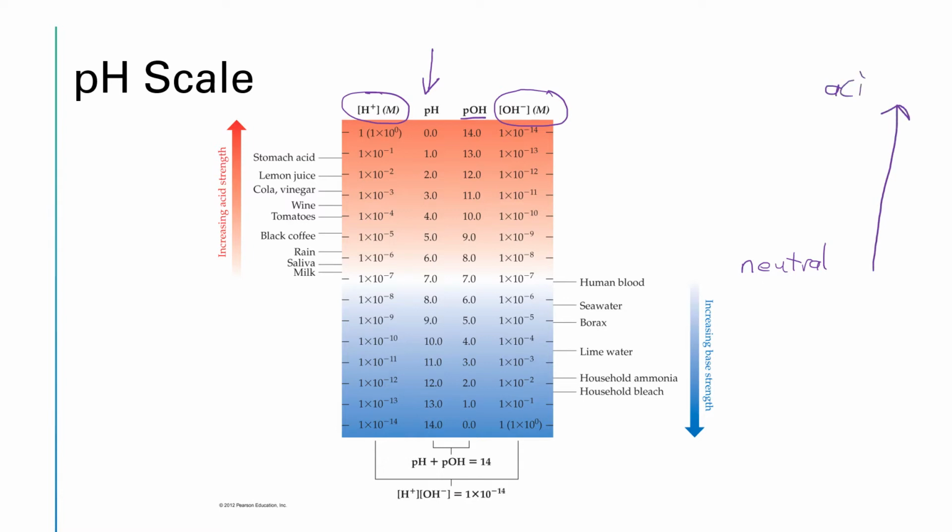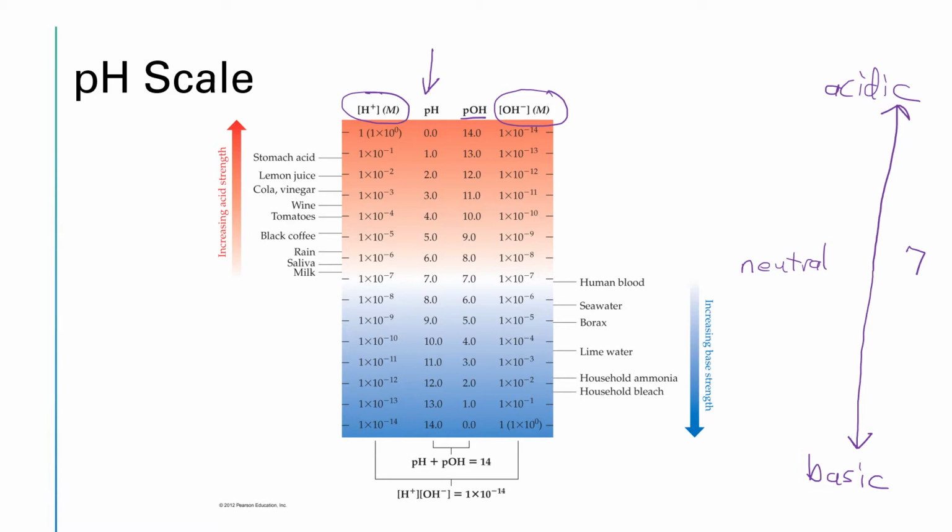Now, sometimes people will say the pH scale only goes to 0 or 1, but that's not true. For concentrated solutions of strong acids, pHs can actually have negative values. There is not a lower limit to the value that pH can take. For pH values that are bigger than 7, we consider those solutions to be basic.